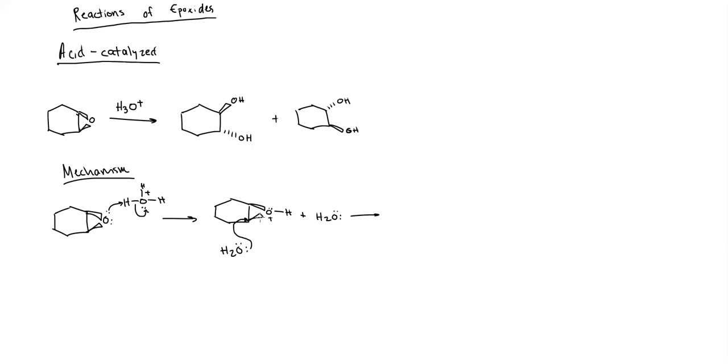So here, this bond was originally on a wedge, right? Now this bond breaks, and the bond I form is going to be on a dash because it's backside attack, right? It's SN2 like, it's backside attack. So this stays on a wedge. But the thing I just put on there is going to be on a dash.